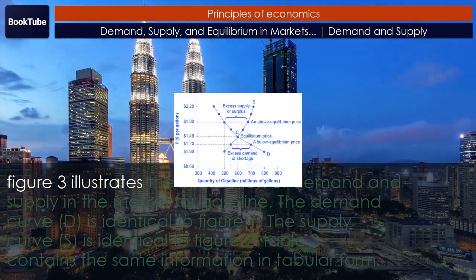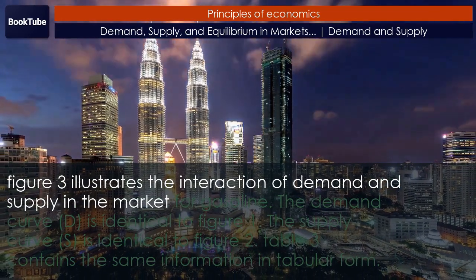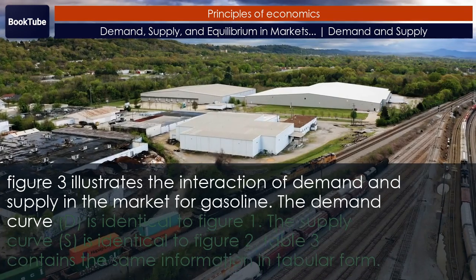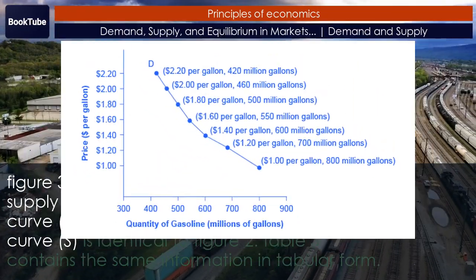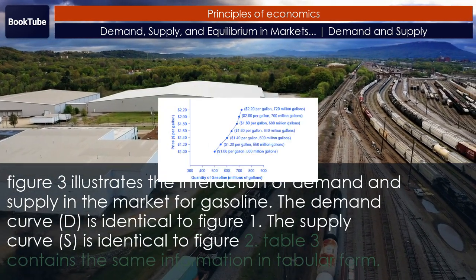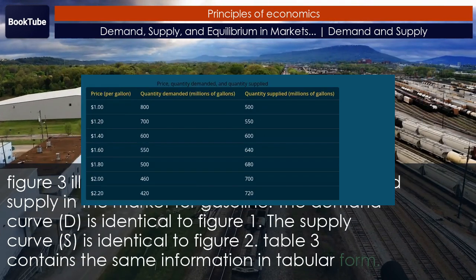Figure 3 illustrates the interaction of demand and supply in the market for gasoline. The demand curve, D, is identical to Figure 1. The supply curve, S, is identical to Figure 2. Table 3 contains the same information in tabular form.